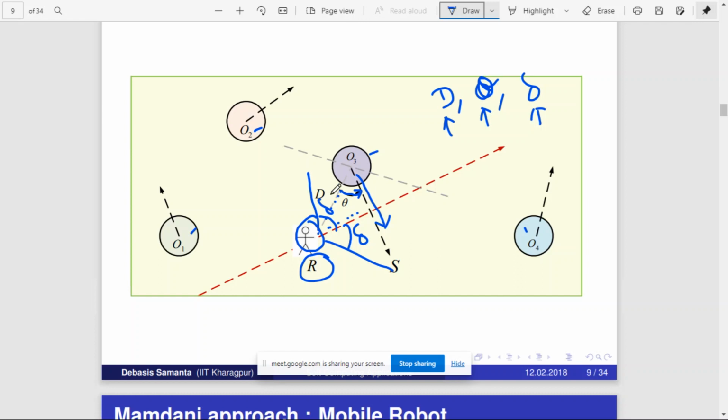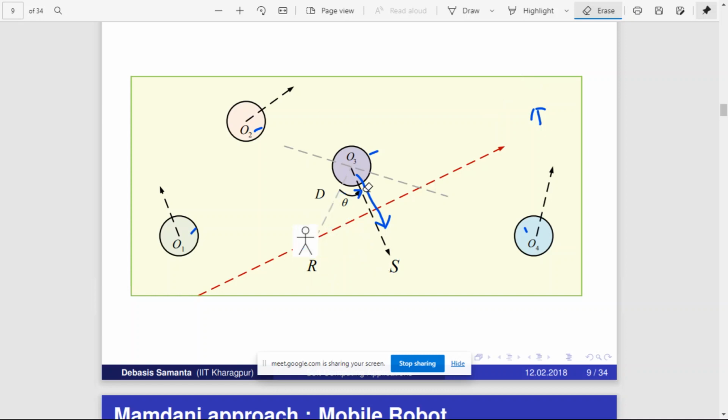Okay. So these are the three parameters we are going to consider: d, theta, and delta. d is the distance between the robot and any given object, and theta is the angle between the robot and the object, that is, the direction in which the object is moving.